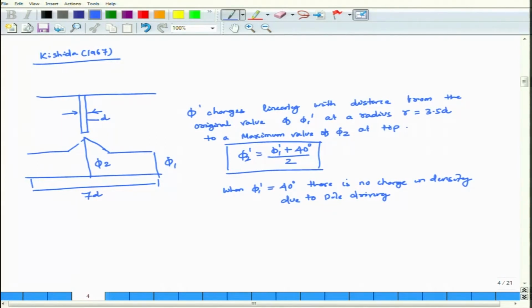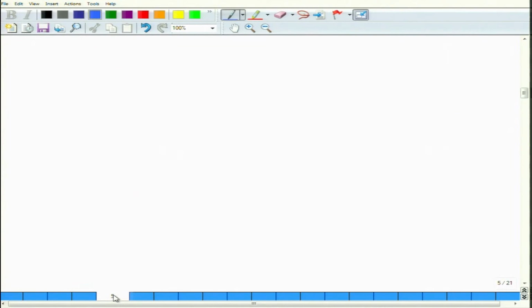Then let me start with another short topic, laterally loaded piles, though I have not covered it in great detail. In laterally loaded piles there are two kinds of piles.